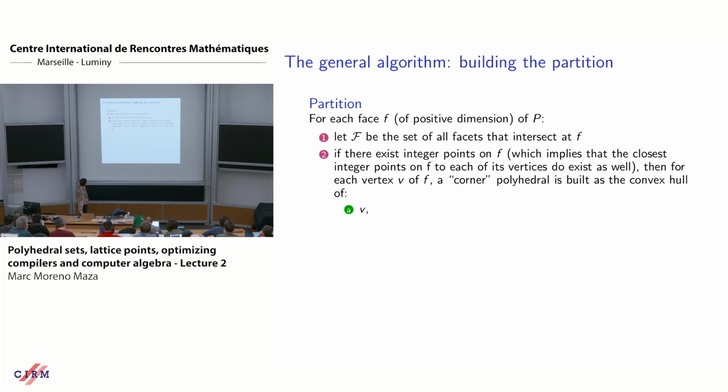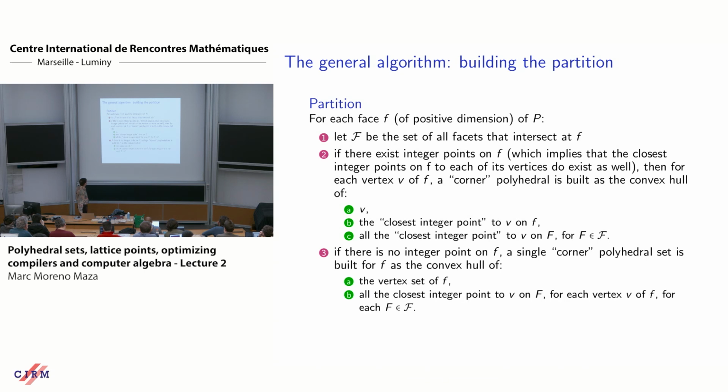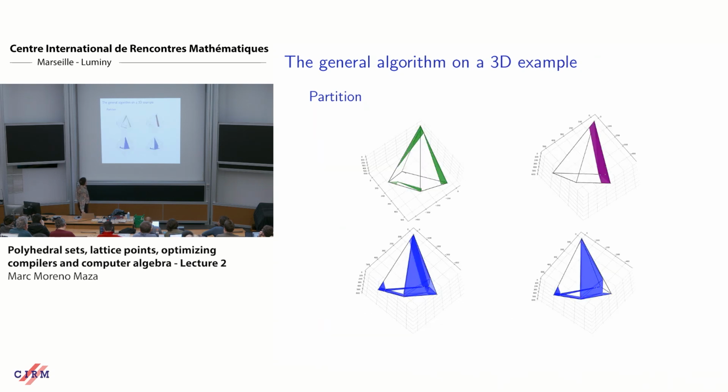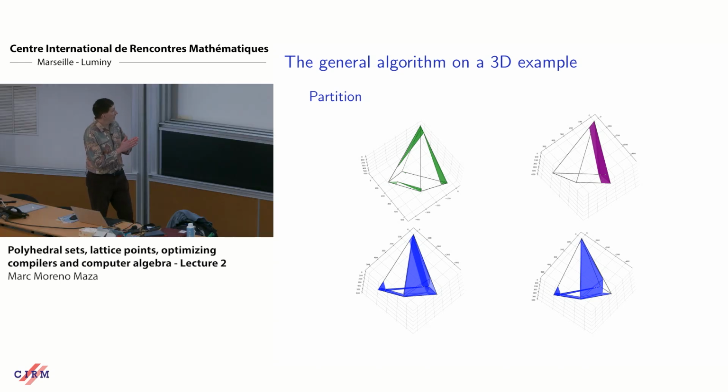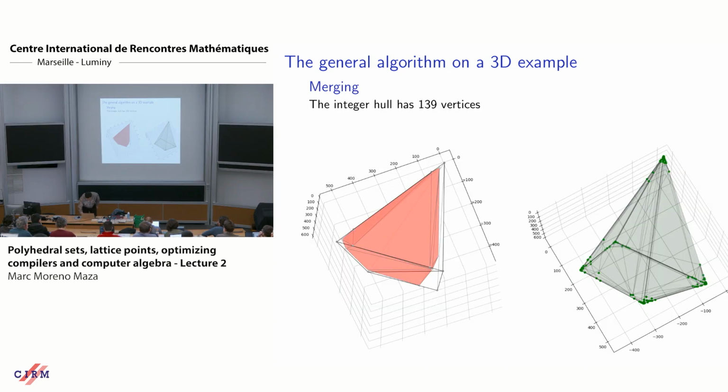It's on the slide, but it's a bit technical. And after that, there are these regions which are typically thin, which again are explored by brute force. And after that, we run QuickHull, and this example is interesting because at the end, the integer hull has 139 vertices.